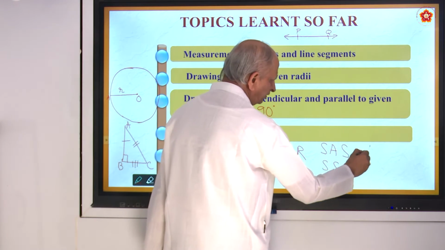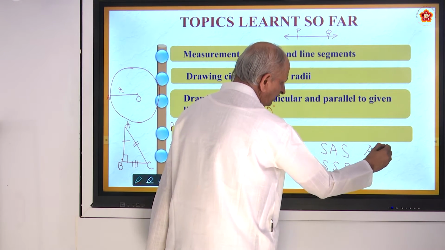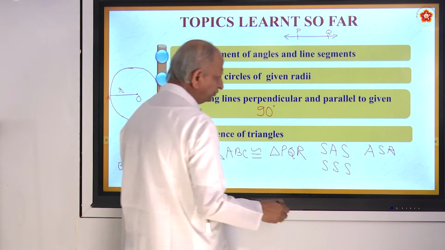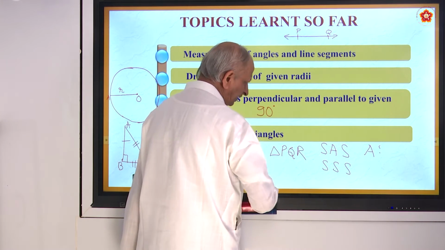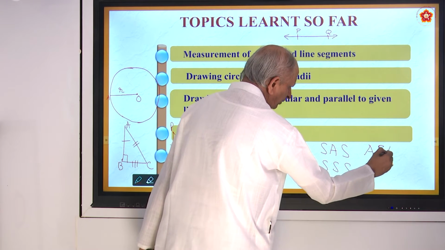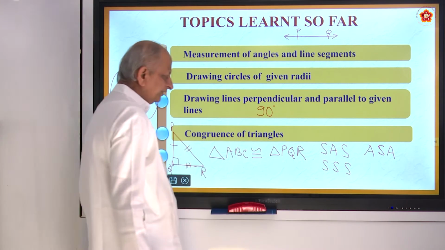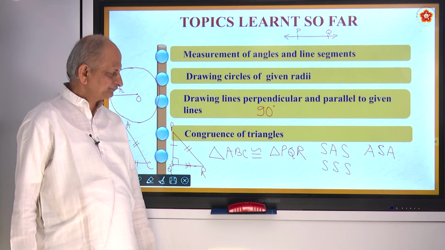Also, if two angles and one side of one triangle are equal to two angles and one side of the other triangle, we call it ASA congruency.